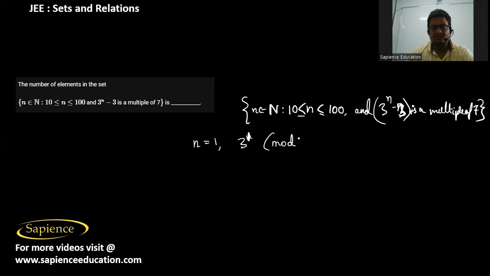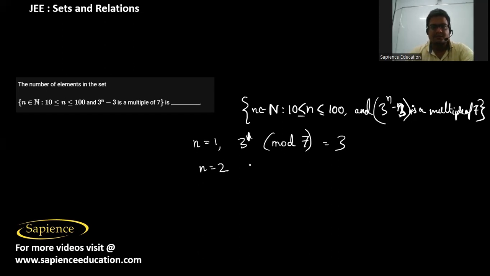So it means we have to apply the mod function. So 3 mod 7 is equal to 3, since when 3 is divided by 7, the remainder is 3.